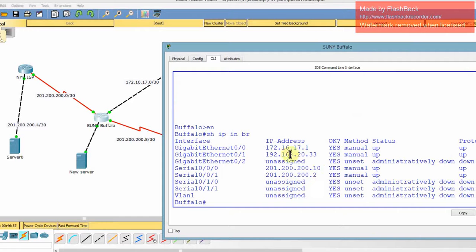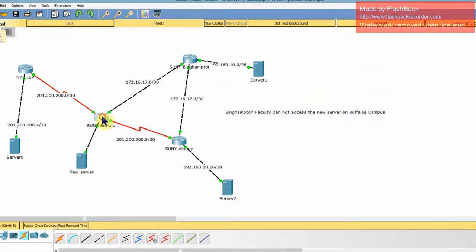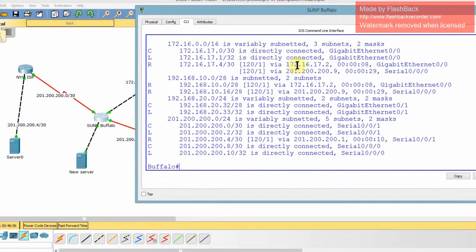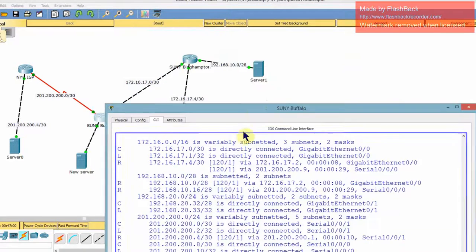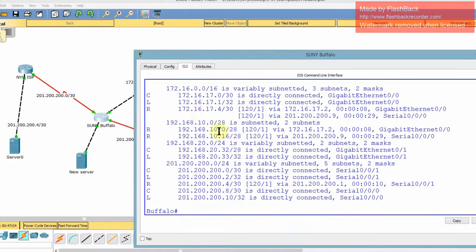Well, take a look. That network we just tried to ping with the 10.16, which is right here, and we have a route for that.